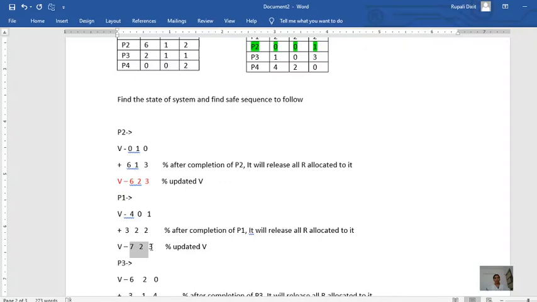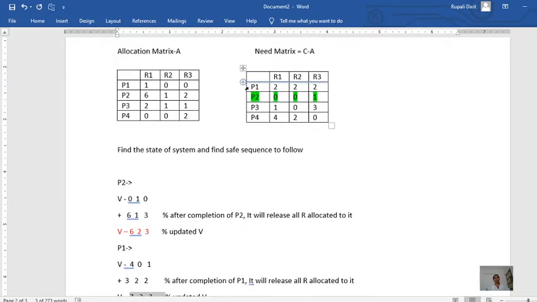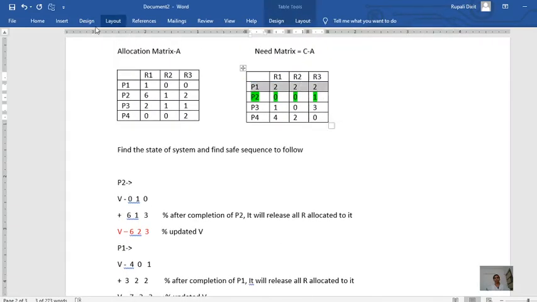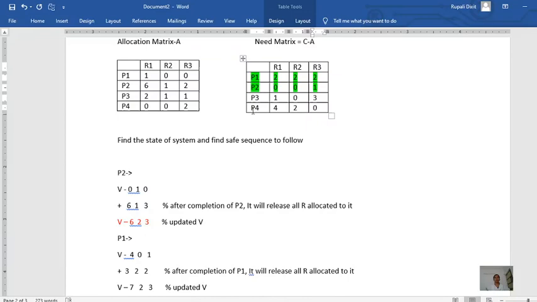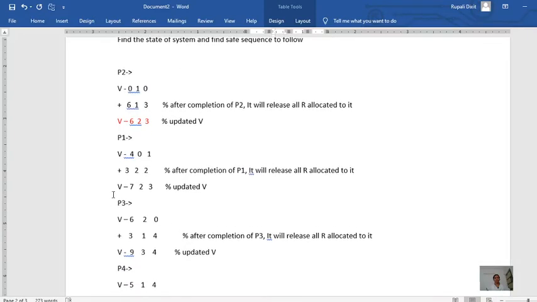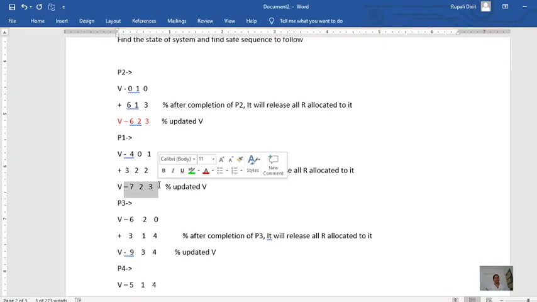Now again I will compare this 723. Since P1 is executed completely, I mark it with green color. Now only two processes are remaining. The P3 demand is what? 103. Available with me is 723. Obviously I can continue with the execution of P3.